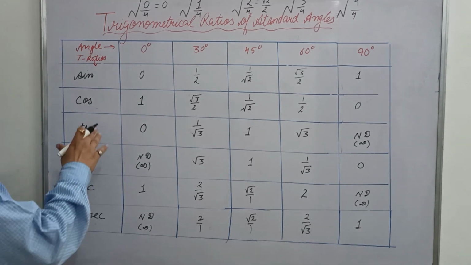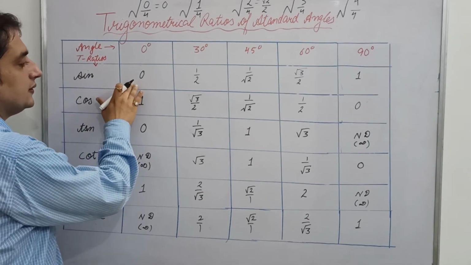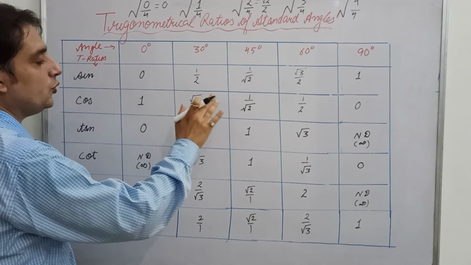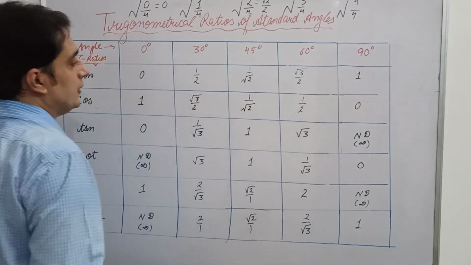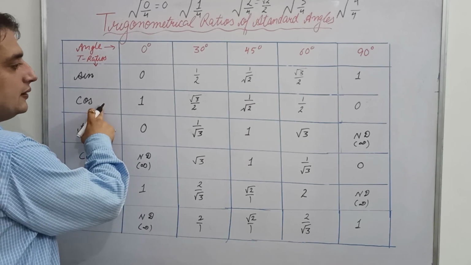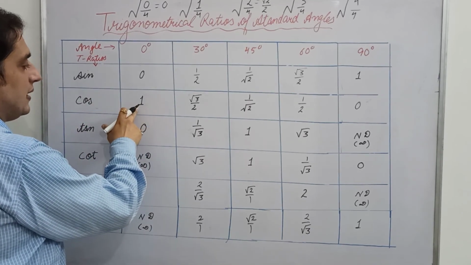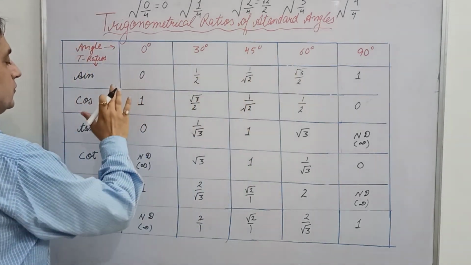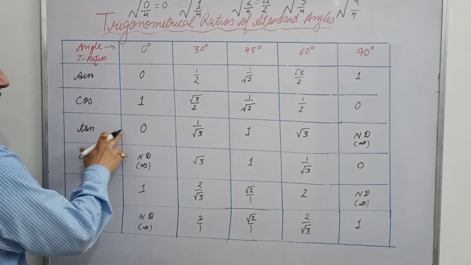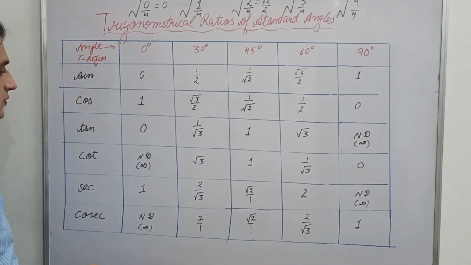You can see the value of sine is always equal to or less than 1, right? Same is the value of cosine, that is always equal to or less than 1. And the tangent can take any non-negative values, right?